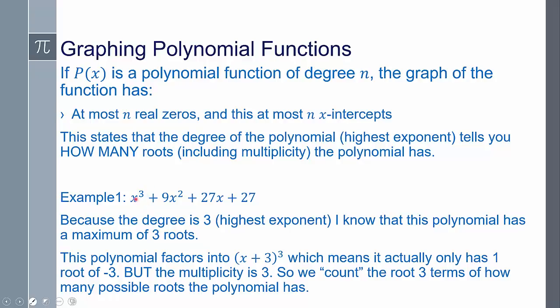So this is saying I need to have 3 zeros, but I only have 1. That's where multiplicity comes in. Even though my zero is -3, my multiplicity is 3, and so it gets counted 3 times, which is why it can give me that x to the 3rd.